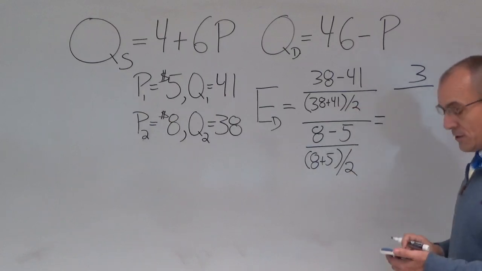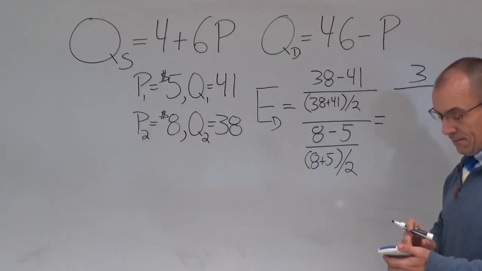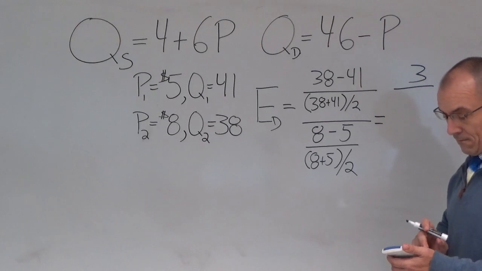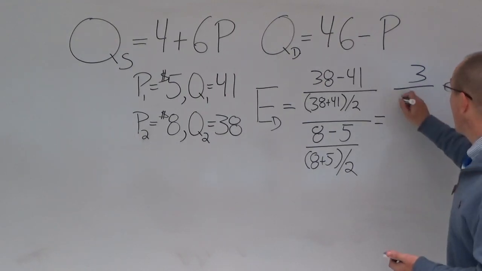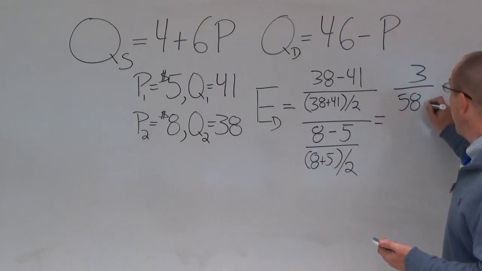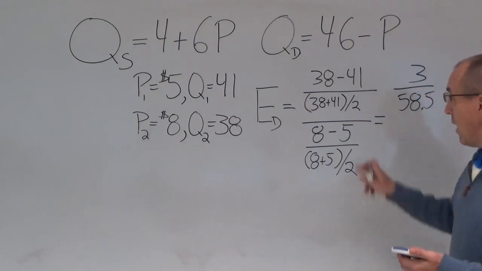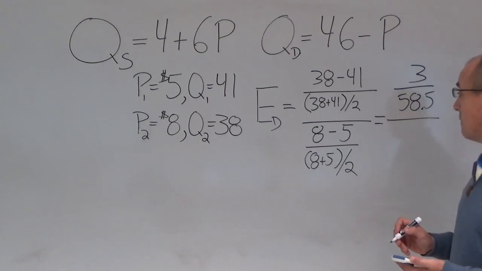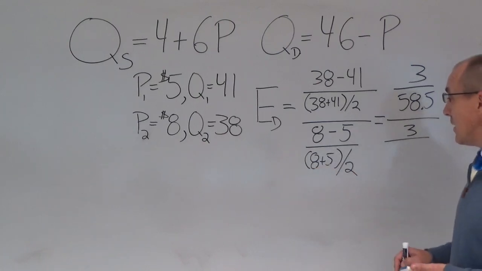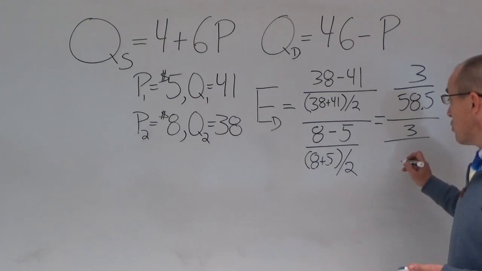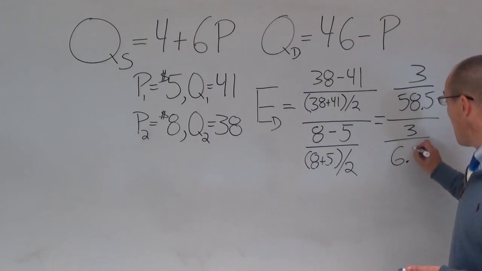And I have my 38 plus 41, and then divide that by 2, and that's going to give me 39.5. I'll now take care of the bottom part of the equation. This will be 3, and 5 plus 8 is 13 divided by 2. That should give me 6.5.